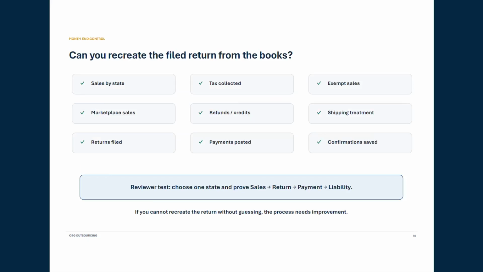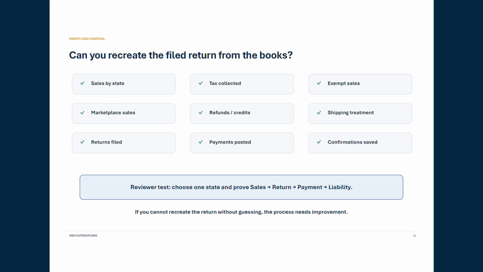At month end, the reviewer should be able to recreate the filed return from the books without guessing. The close package should include sales by state, tax collected, exempt sales, marketplace sales, refunds and credits, shipping treatment where relevant, filed returns, payment confirmation, and the sales tax liability reconciliation.